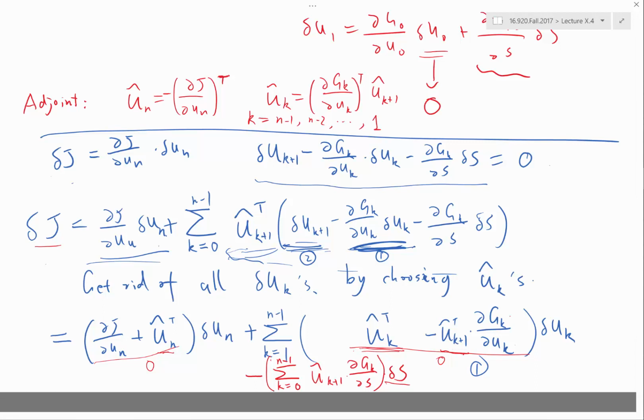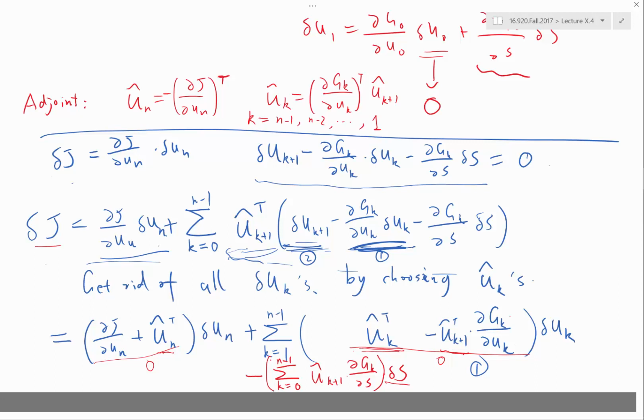Does it make sense? Any questions? This is exactly how you do backpropagation in deep learning. The formula just follows that. And when you have a discretized, explicit ODE or PDE, you also follow the same formula.